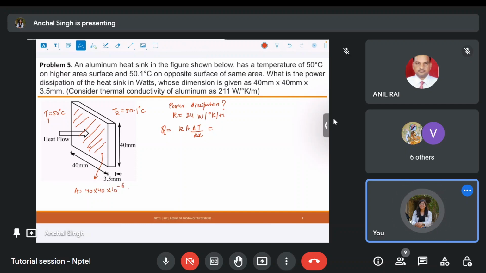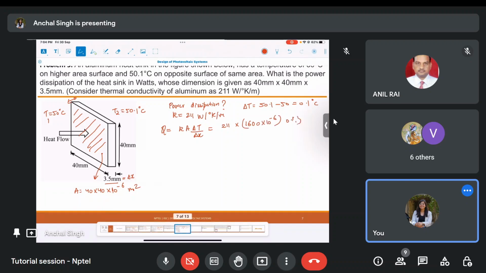I am converting this into meter square, and delta T is 0.1 degrees Celsius, and delta X is this, that is 3.5 mm. This will give the Q to be 9.65 watts.